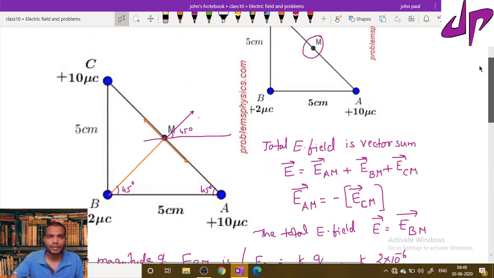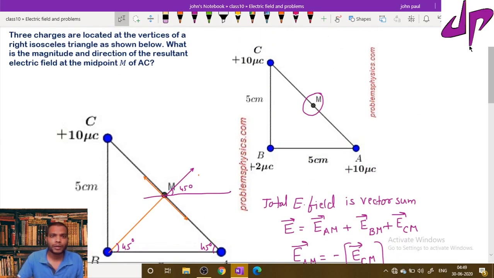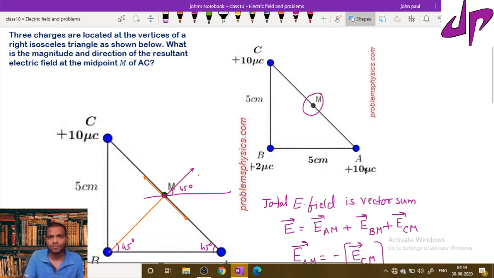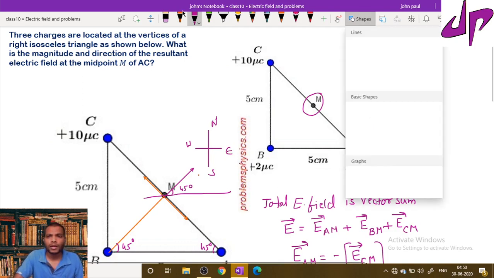And where is the direction? To mention the direction, we draw an imaginary coordinate system with north, east, west and south to show the directions.